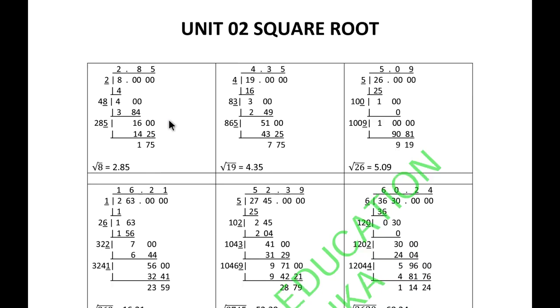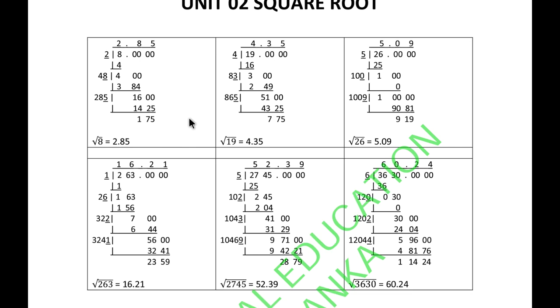Next, I'm going to teach you how to find square roots using the division method. I'll show the number format, how to write. Normally we separate numbers after the decimal 2 by 2, and before the decimal also 2 by 2. If they ask you to write 8, we write 8.0000. 19 we write 19.0000. 26 we write 26.0000.